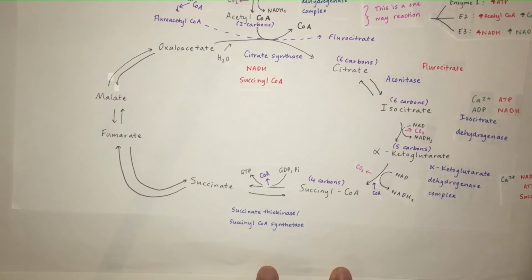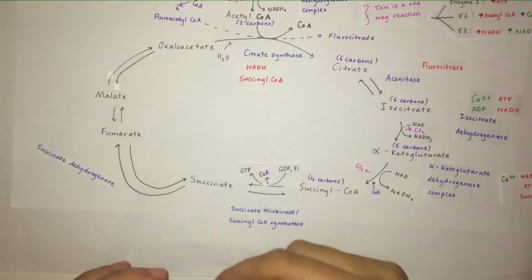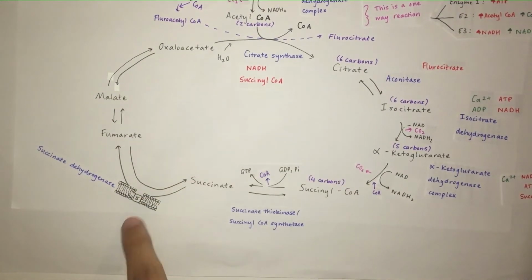Then we'll move on to the next step, which is succinate to fumarate. Now, this is facilitated by the enzyme succinate dehydrogenase. And succinate dehydrogenase is really important because it is one of the complexes of the electron transport chain. To be more specific, it is complex 2.